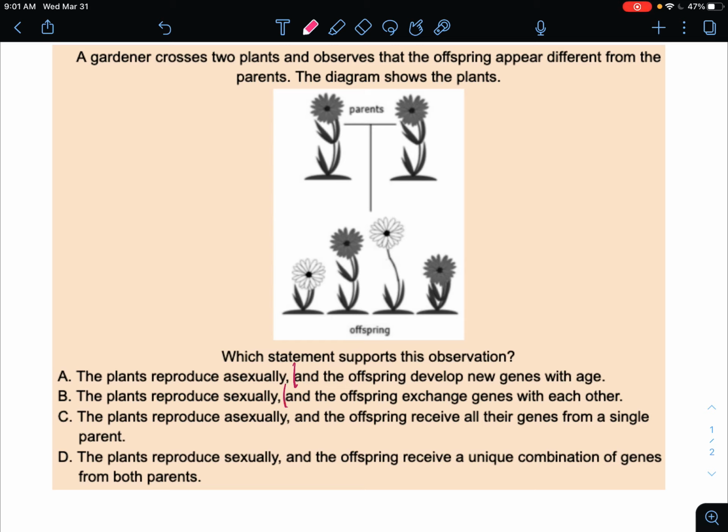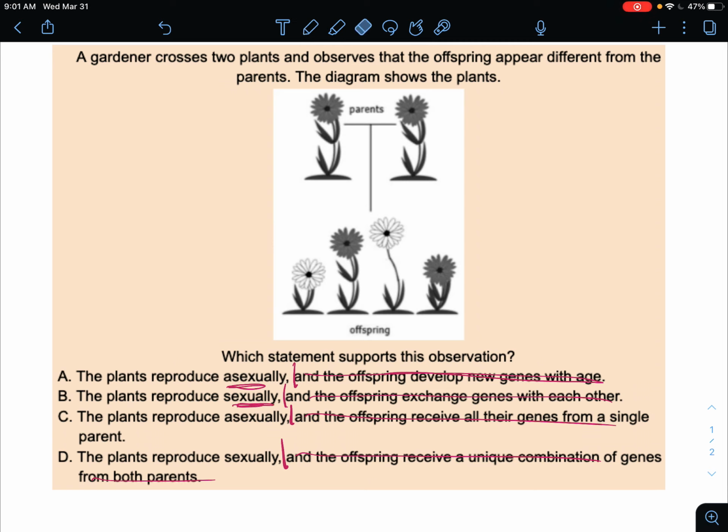So you can separate them into two parts. For now, we can ignore the second half and look at the first half, so we can easily narrow it down to two choices. We're going to decide: do they reproduce asexually or sexually?